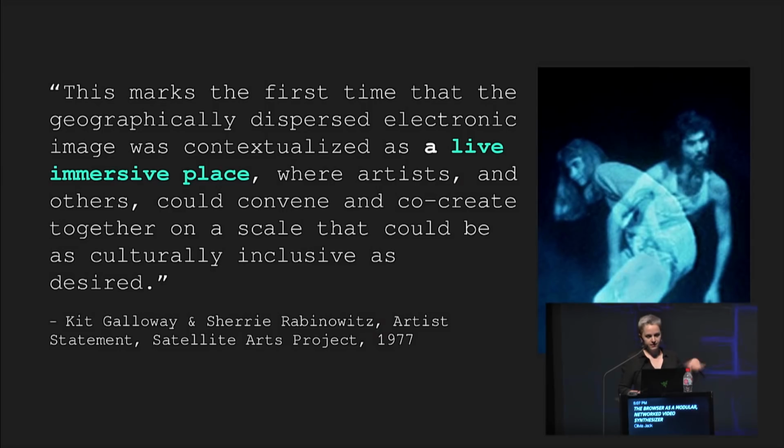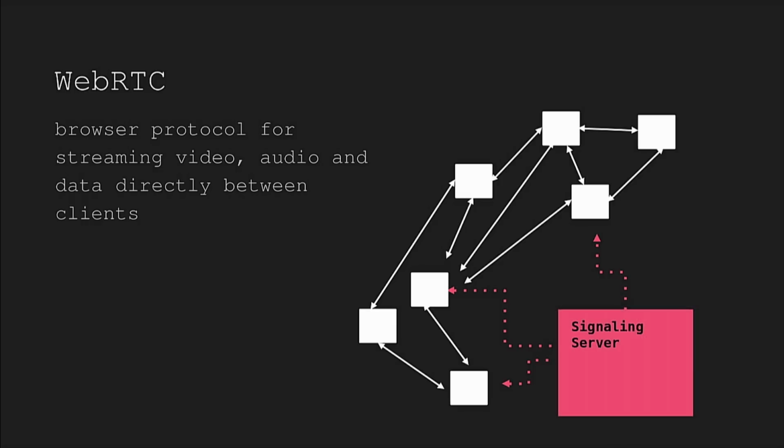And so fast forward to now, there's this protocol called WebRTC, real-time web streaming. It's a browser protocol for streaming video, audio, and data directly between clients. One of the interesting things about WebRTC is that although you need a signaling server to set up initial handshakes between clients, once clients are connected, they're just sending video or audio or data between one another.